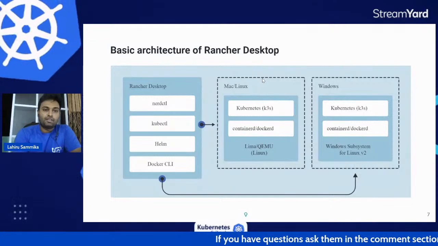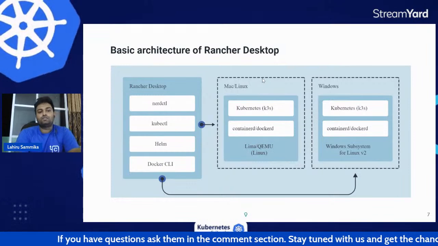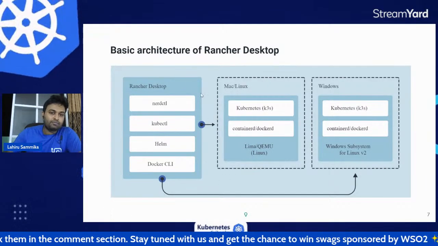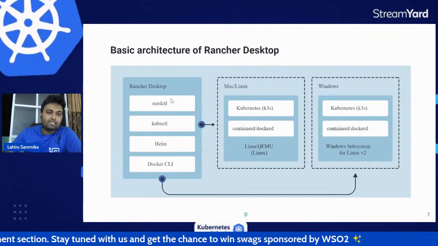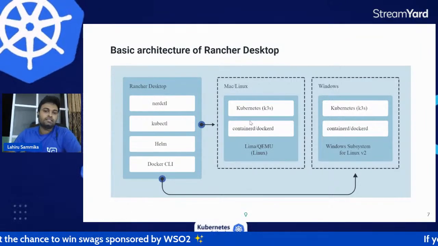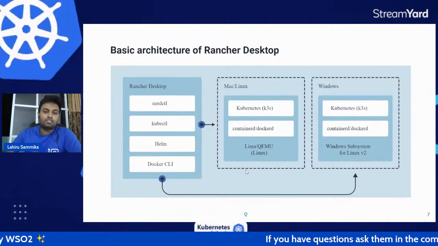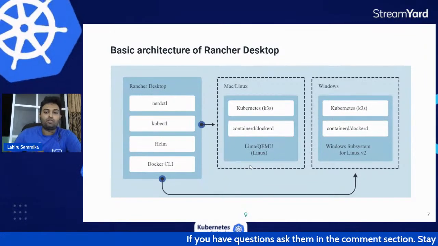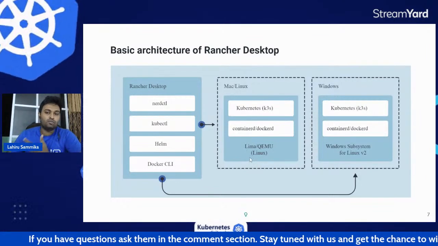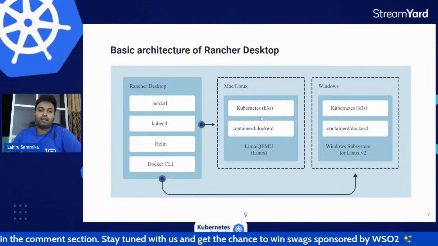Before going any further, I'm going to talk about the basic architecture of Rancher Desktop. Here you can see at the left side of my screen, Rancher Desktop comes with these utilities: nerdctl, kubectl, helm, and docker CLI. When you install Rancher Desktop on Mac and Linux, it installs a Lima virtual machine, and on top of that, Rancher Desktop installs Containerd, Dockerd, and Kubernetes, and it runs the K3s Kubernetes distribution, right?